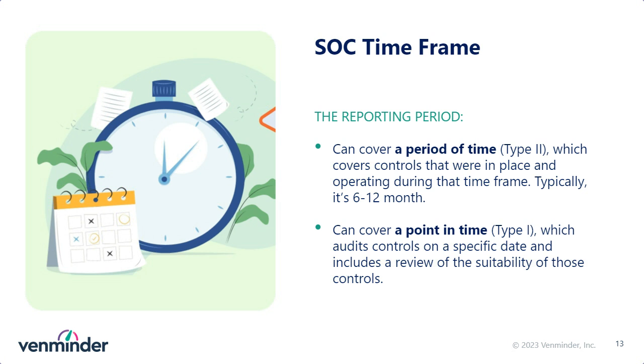This is a representation of controls on a specific date, and it includes a review of the suitability of those controls. So really, a type 1 is a vendor's assertion that controls were in place and suitably designed, and a type 2 is a vendor's assertion that they were operating effectively. There is a difference there, and you want to make sure that you understand what you're looking at because it does matter in the grand scheme of your SOC review.